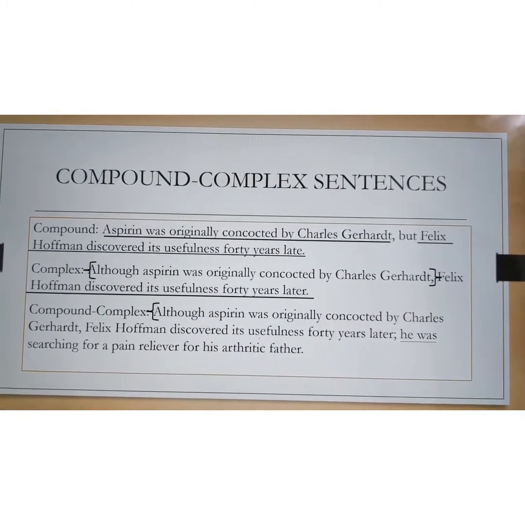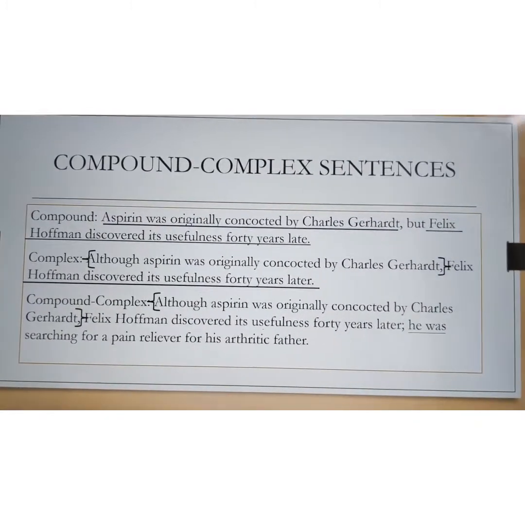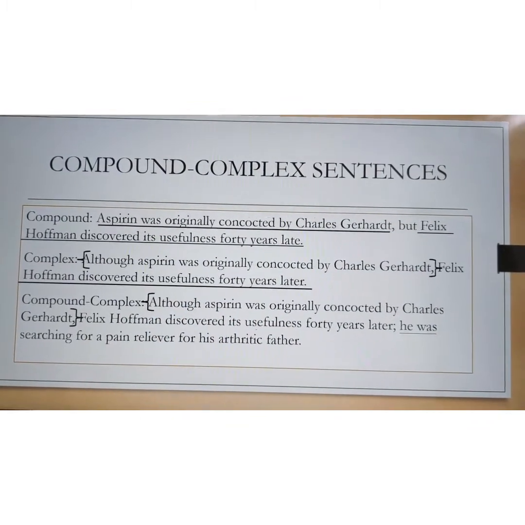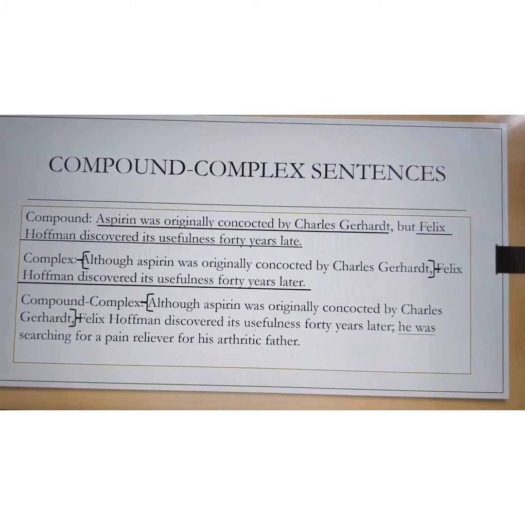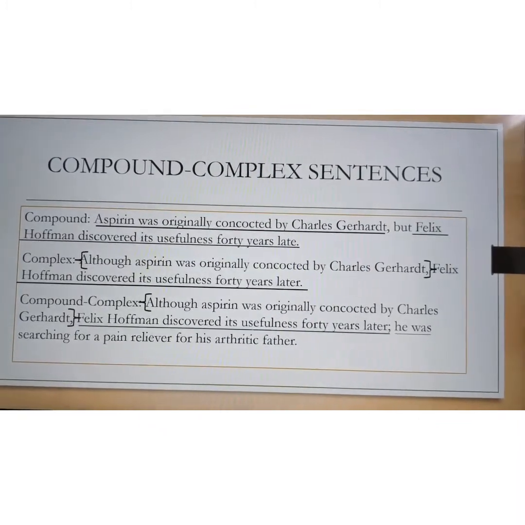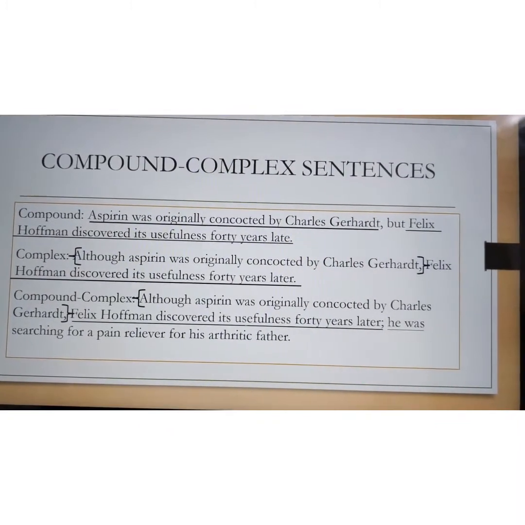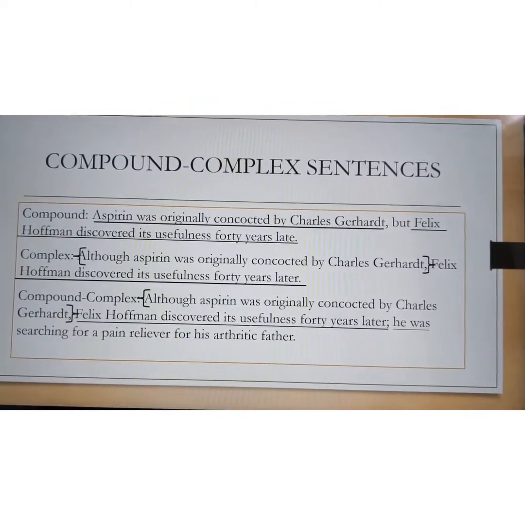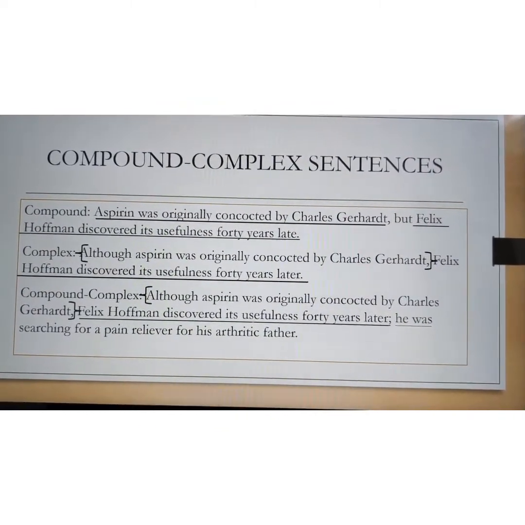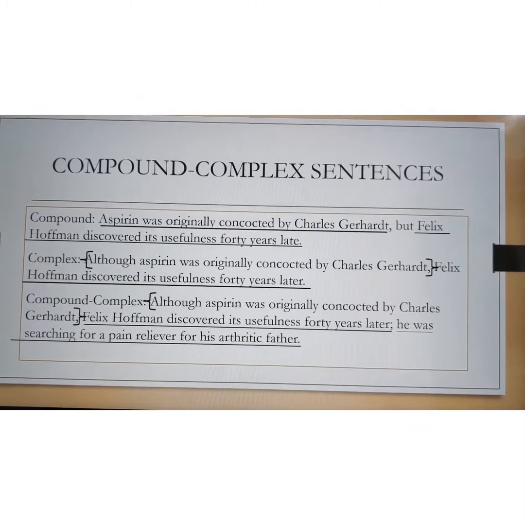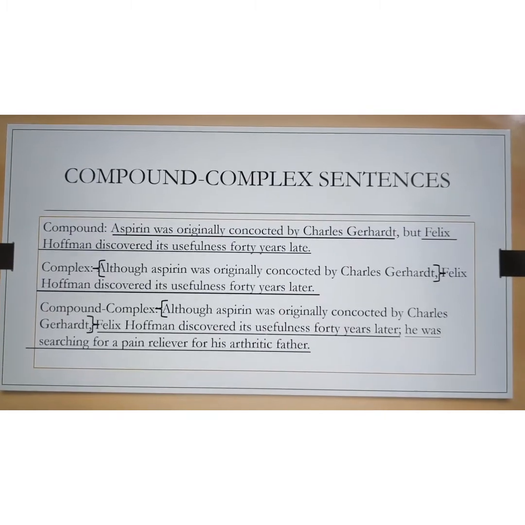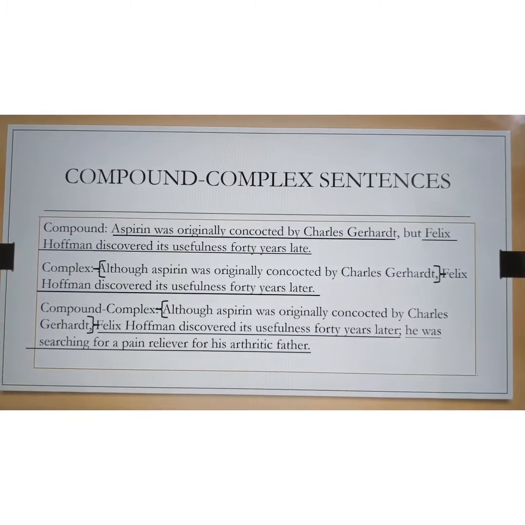So here we found our dependent clause, although is our subordinating conjunction, although aspirin was originally concocted by Charles Gerhardt. And then here's our first independent clause. Felix Hoffmann discovered its usefulness 40 years later. And then our second independent clause would be, he was searching for a pain reliever for his arthritic father. So that is what our compound complex sentence is.